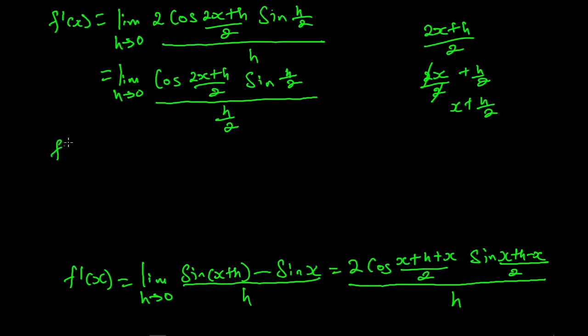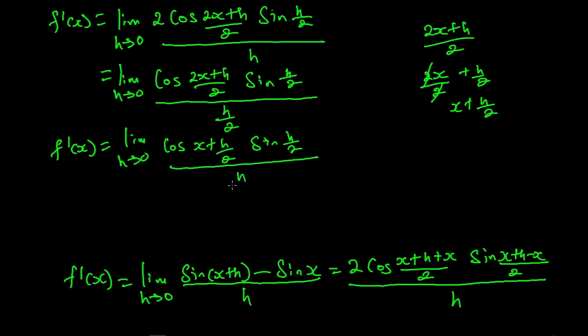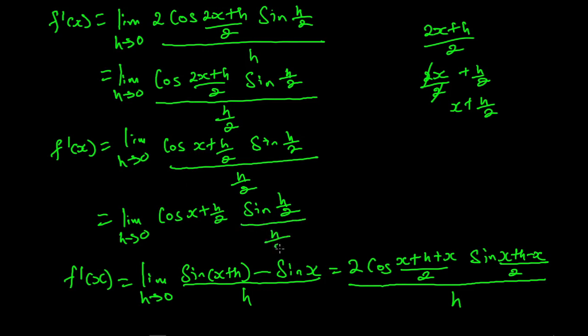Therefore, we have our f prime of x to be equal to limit as h approaches 0 of cos x plus h over 2, sine h over 2 all over h over 2. This can safely be written as limit as h approaches 0 of cos x plus h over 2, then sine h over 2 divided by h over 2.